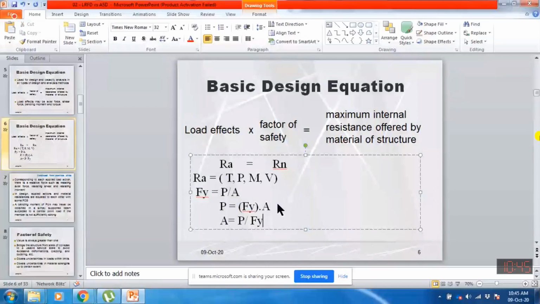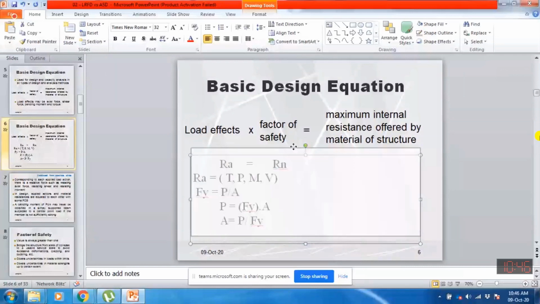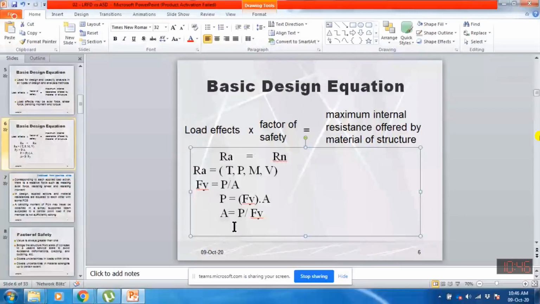So similarly, I will give you another example. Another example means that let's suppose I am having moment instead of this. So you know that FB, I'm just writing FB as a bending stress, which in our mechanics of materials we write as F or sigma value.